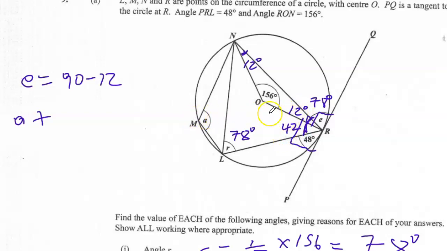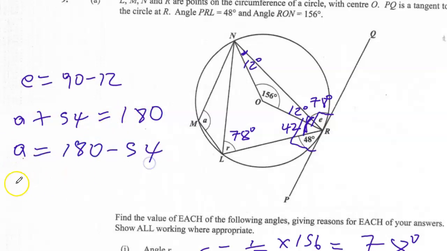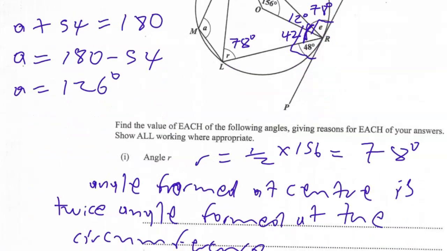So A plus 54 should be equal to 180. If I subtract 54 from both sides, A should be 180 minus 54, which is 126 degrees. So A is 126 degrees.